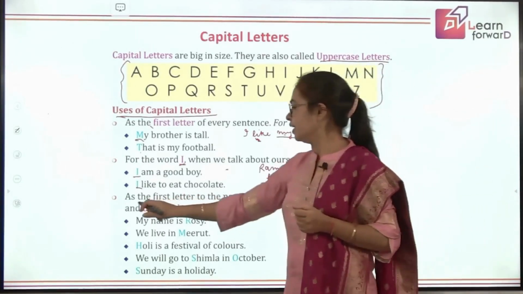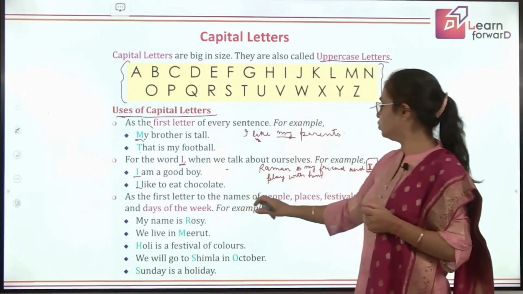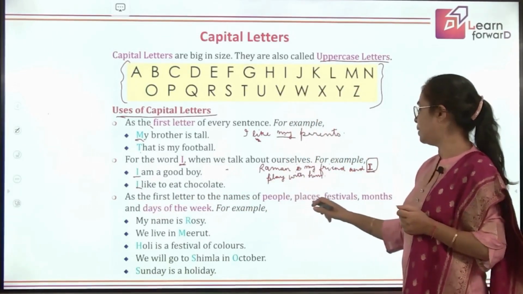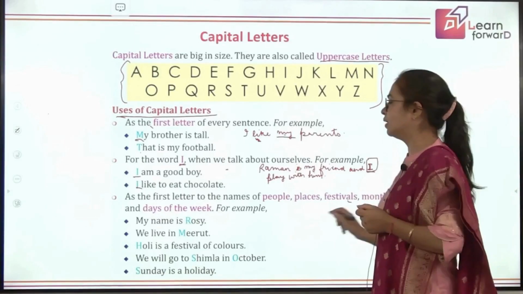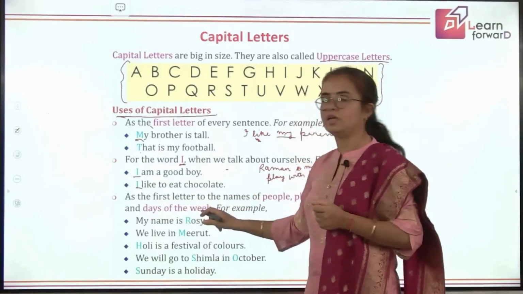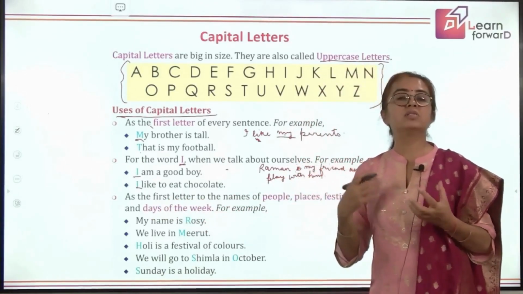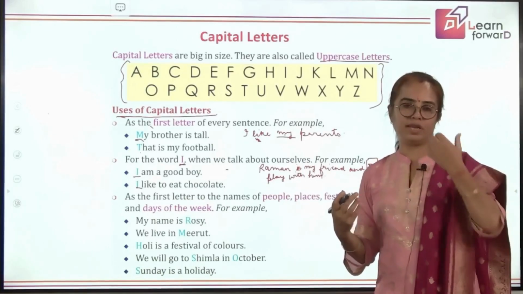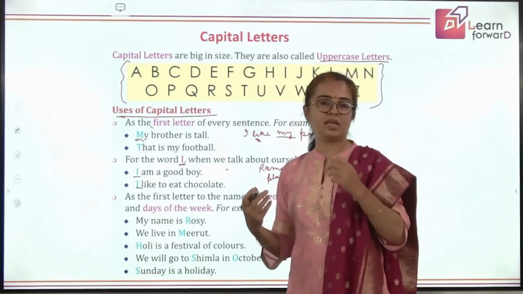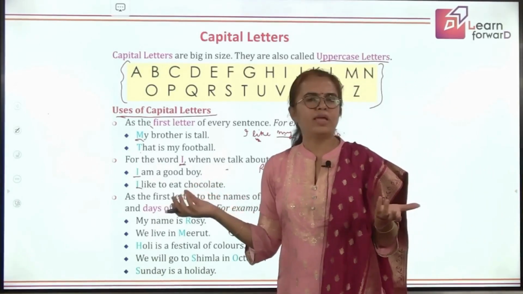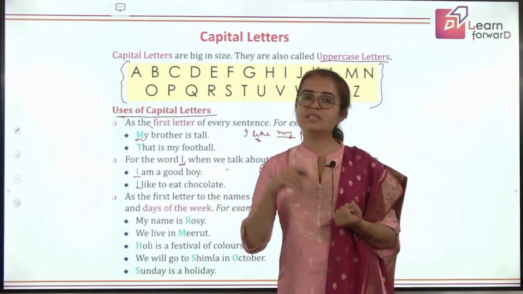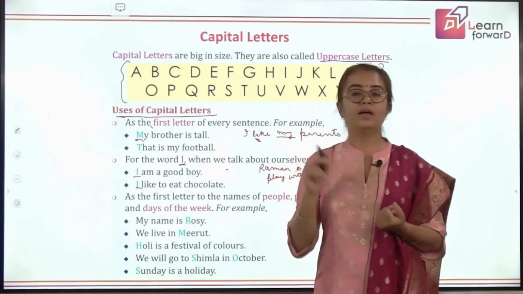Let's learn the next rule. As the first letter to the names of people, places, festivals, months, and days of the week. Whenever we talk about somebody in special. For example, if I say he is a boy, boy can be anybody. But if I say he is Raman, then Raman is a special name.